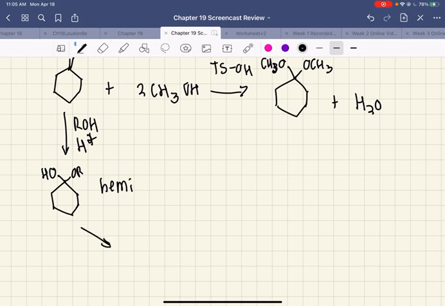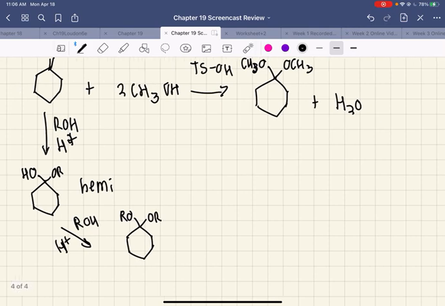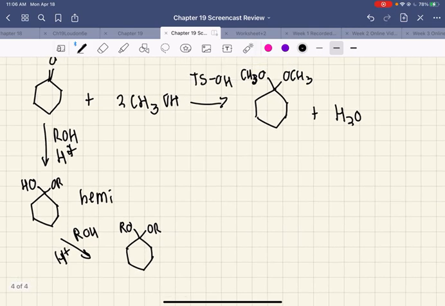If we react it again using another equivalent of this, an acetal will be formed. So that's a hemiacetal, this is an acetal. These are the formations.